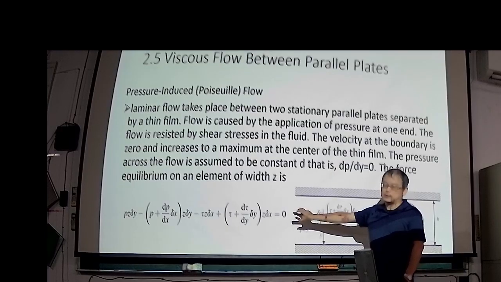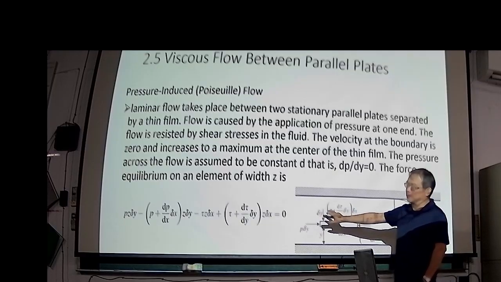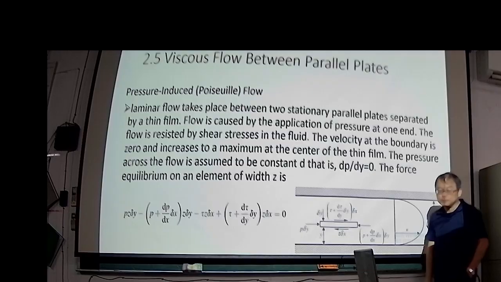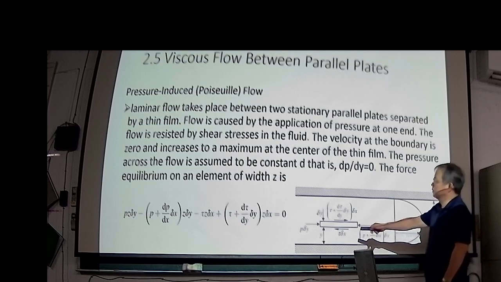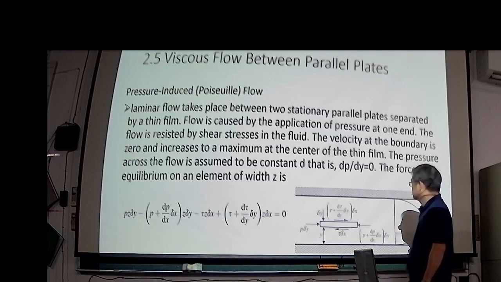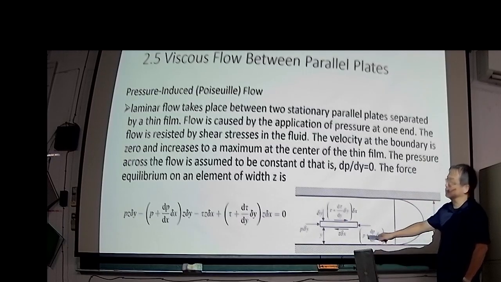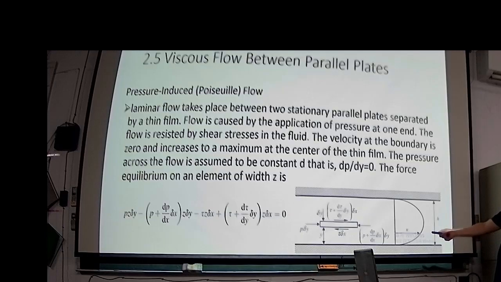So we have a constant lubricant flow in with the supply pressure. And we consider a small element in the lubricant, and we have a free body diagram for this small lubricant element.